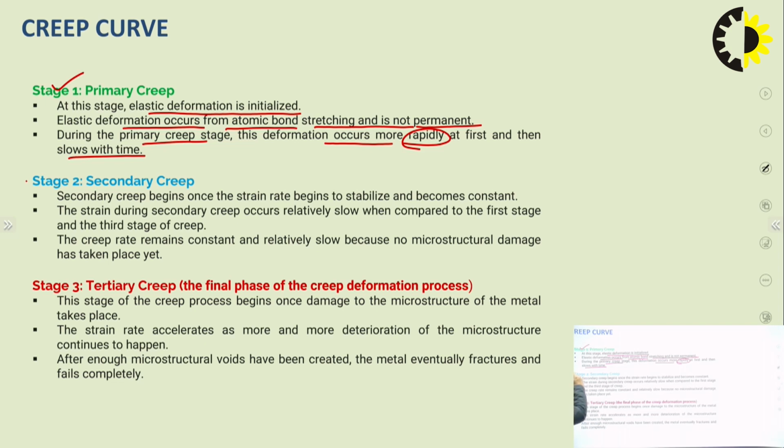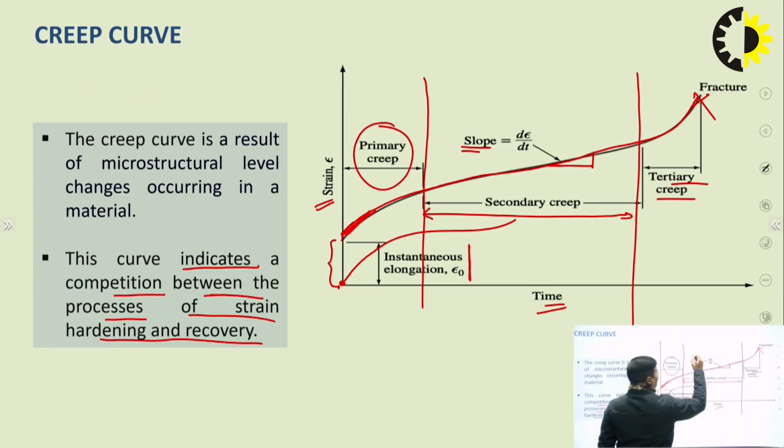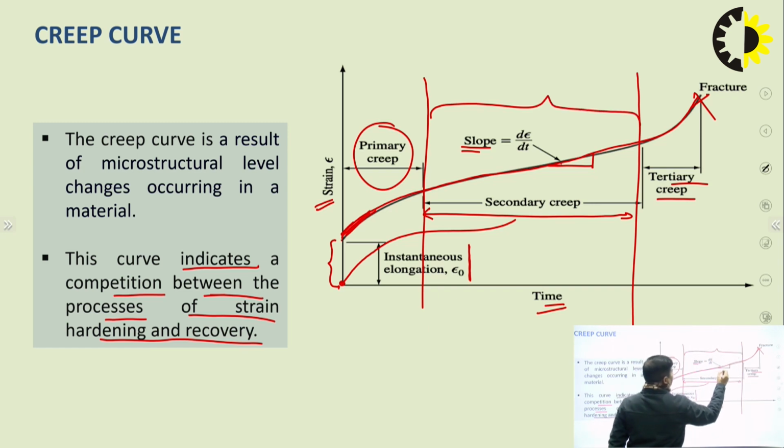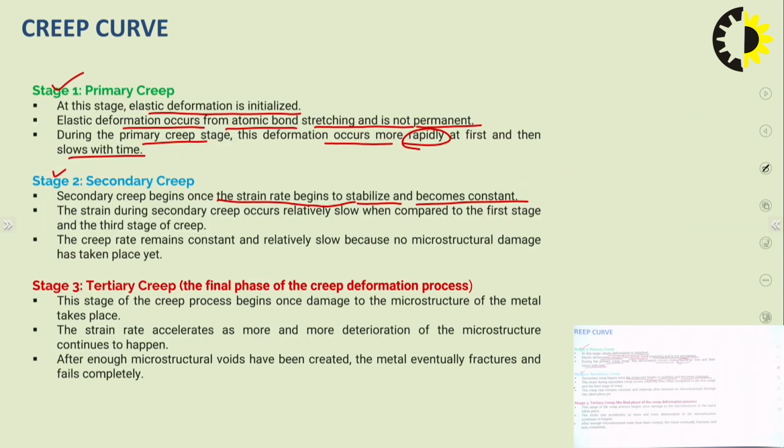Now coming to secondary creep, which happens in the second stage, it begins when the strain rate is stabilized and constant. As I already discussed, in this secondary zone you can see very little slope. So strain is almost constant and stabilized.